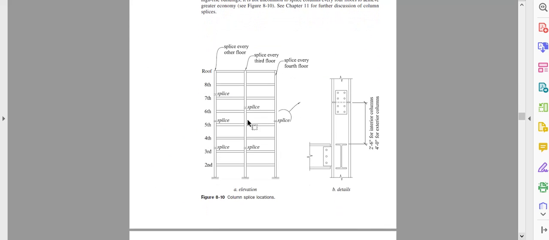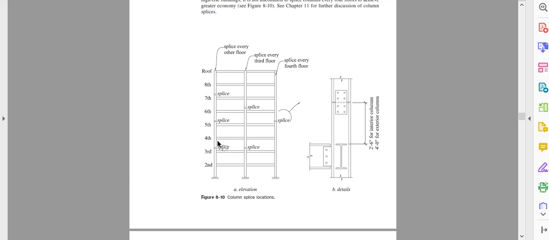The column takes the load summation from all floors. So the load in this column is small, here the load will be larger, larger, and in this column the load will be the largest. So we try to make different sections. This column is bigger, this is a little smaller, and this is the lightest section.